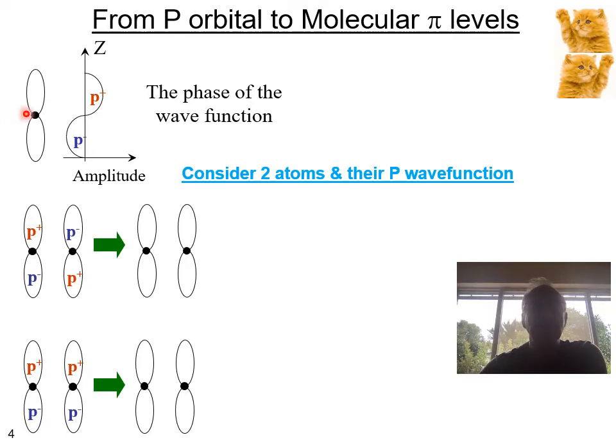So let's discuss again level formation for two p orbitals, and we are going to discuss this orbital considering the fact that it also has a phase. So if we have two of them, we can have two combinations. One of them is where both orbitals are in phase, and the other one where they are out of phase.